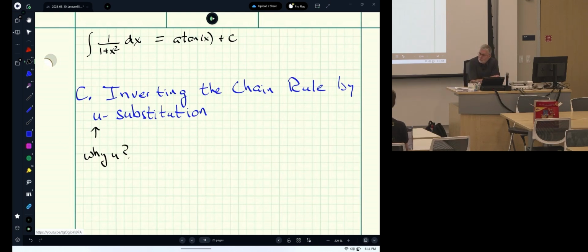Anybody know why it's called U substitution? Because there's a U in the word substitution? Good or no? It's simply because mathematicians commonly use U as a change of variable. It's all it is, okay?